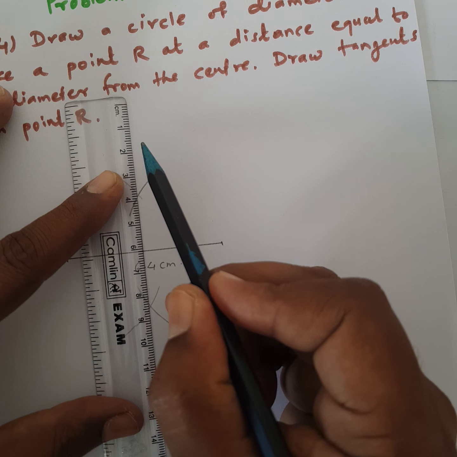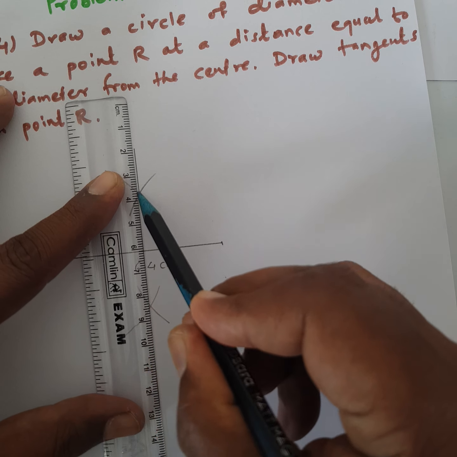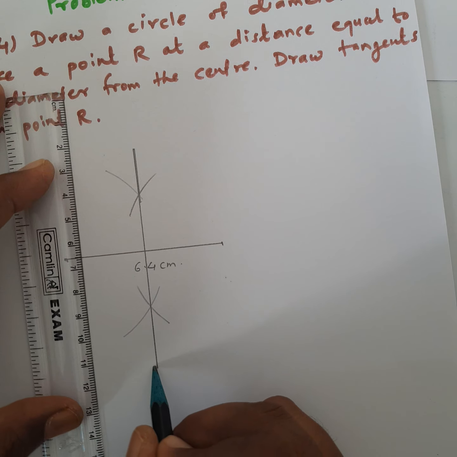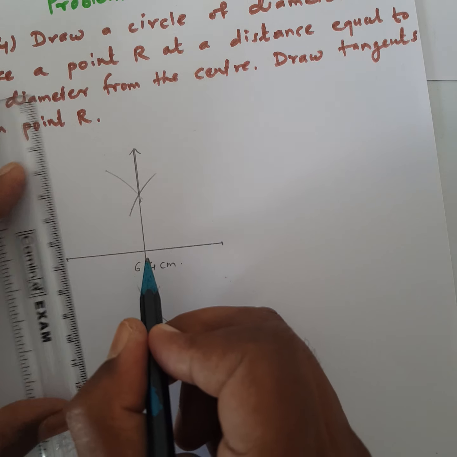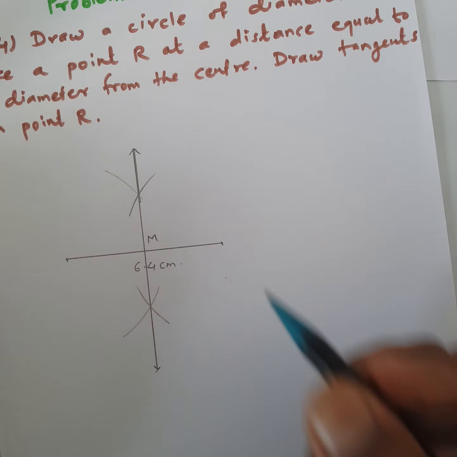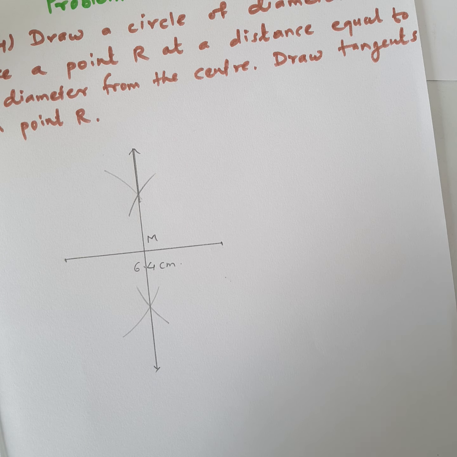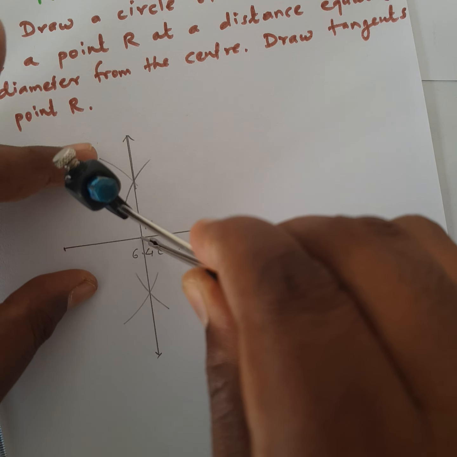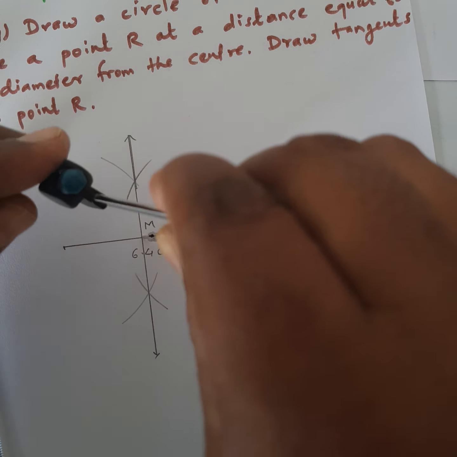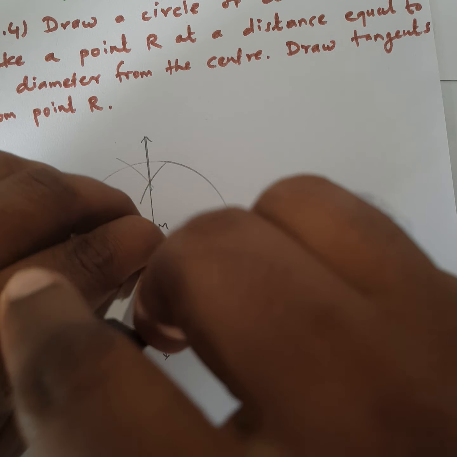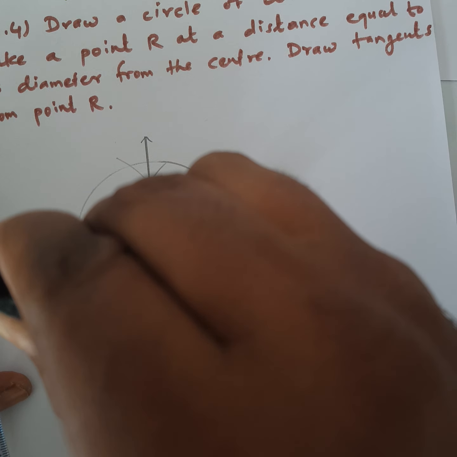This midpoint will be the center of the circle. Let it be M. Now by taking M as the center, if we draw a circle passing through the end points of this segment, then it is the circle of diameter 6.4 centimeter.